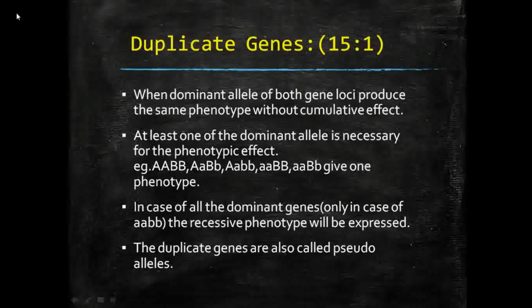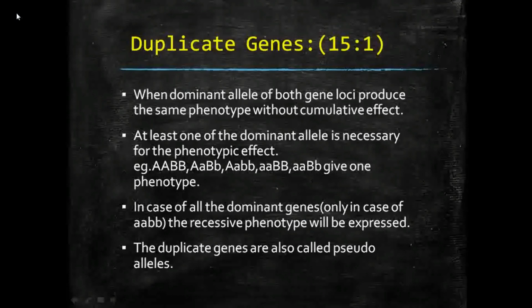It means the genes are present on different loci on the same or different chromosomes. Genes located on different loci of the same or different chromosomes show the same phenotypic effect, either in the presence or in the absence of the other gene or allele.